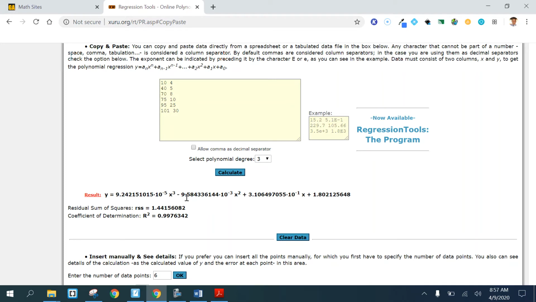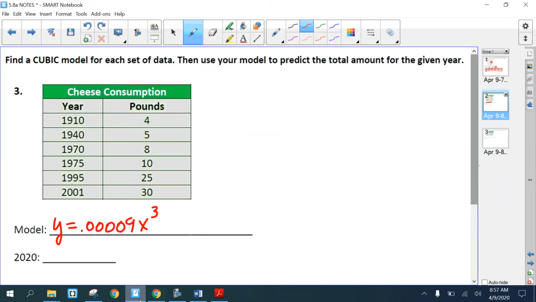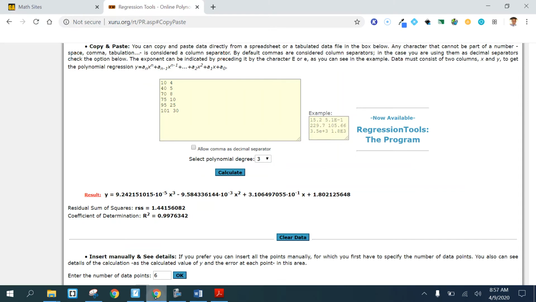That means move this decimal 3 places to the left. 1, 2, 3. There's going to be 2 zeros in front of the 9. And then a 5 8, minus 0.00958 x squared. That was minus, right? Yep, minus.